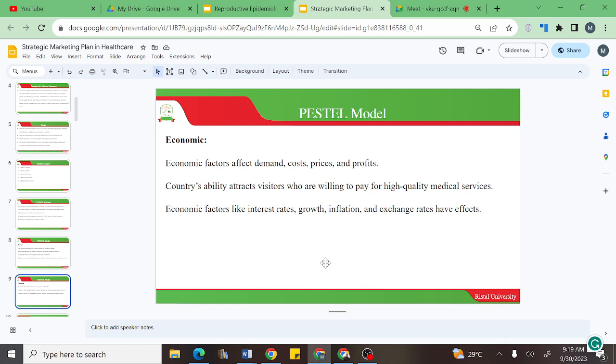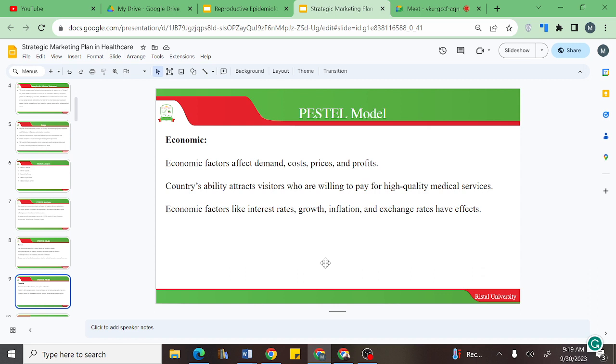Okay, issues to do with whether the citizens are really having money to be able to purchase services. Okay, you cannot build a high-end hospital in a place where the people staying in that community are low income earners.